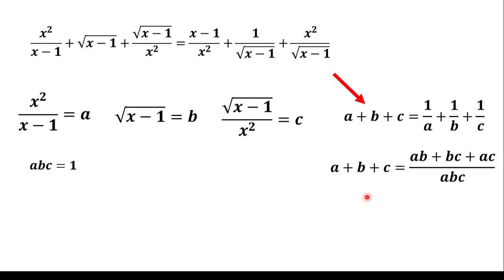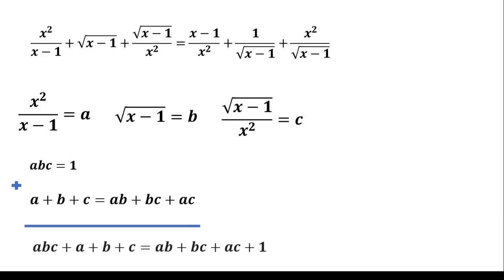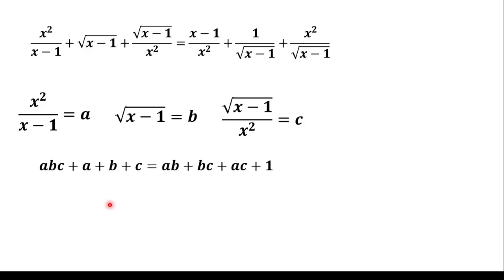We put 1 in this equation, so we get a plus b plus c equals a times b plus bc plus ac. In the next step, we can add up this equation. We can move all terms to one side.